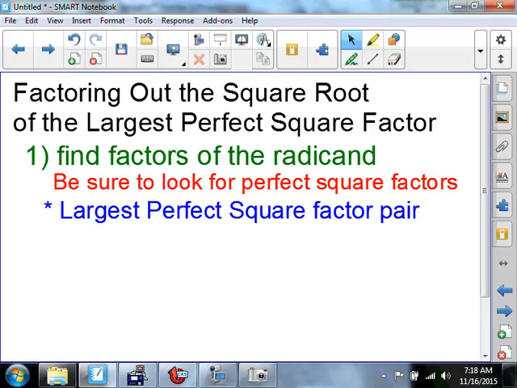Now, I would be remiss to not show you the mathematics behind what happens. So I'm going to show you step 2, but we're really going to kind of skip over step 2.